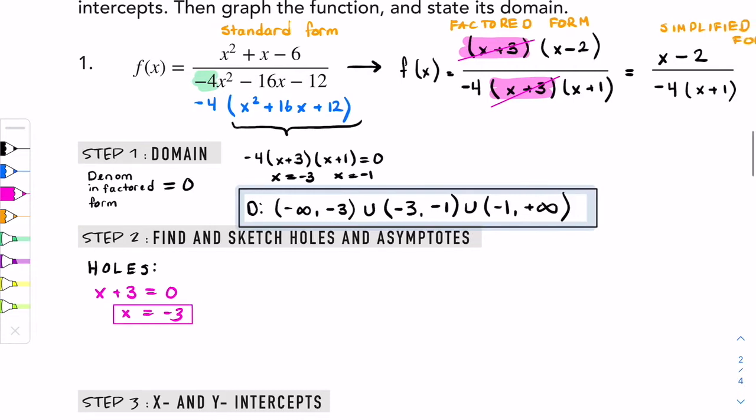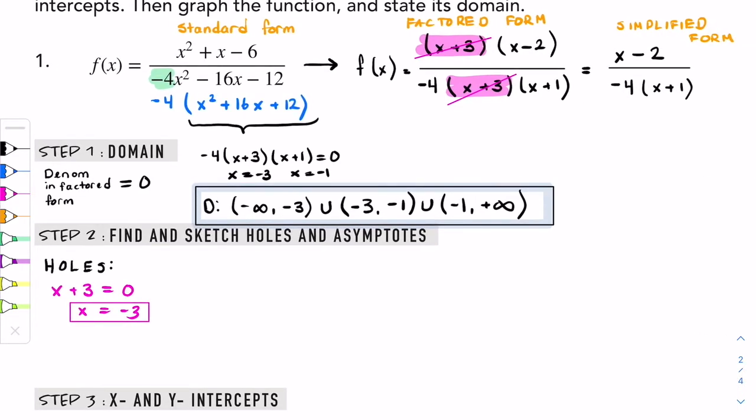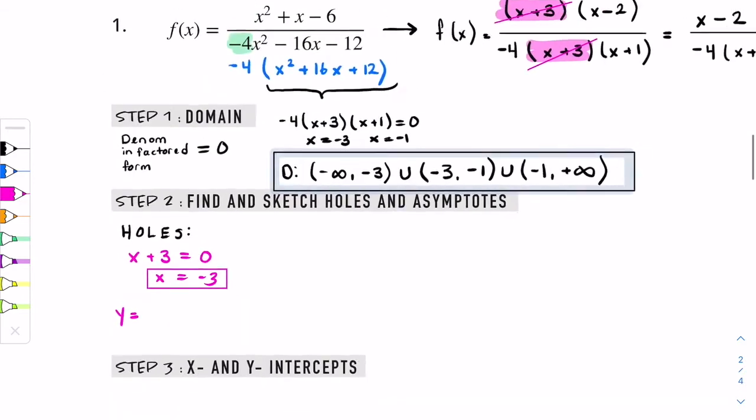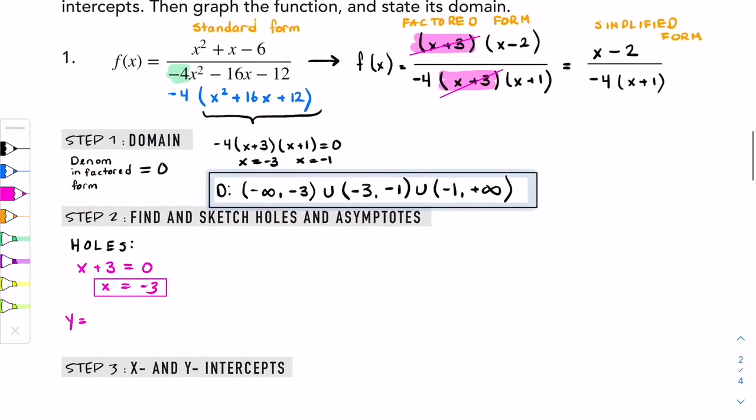And then once we substitute x equals negative 3 into the simplified form, so we'll substitute x equals negative 3 into this form, that's going to give us the y value. So y is found by negative 3 minus 2 divided by negative 4 multiplied by negative 3 plus 1.